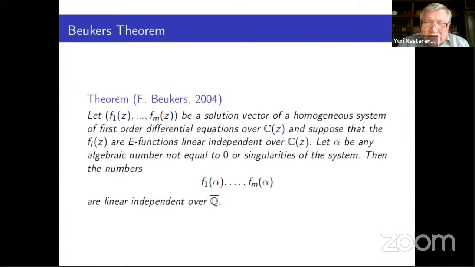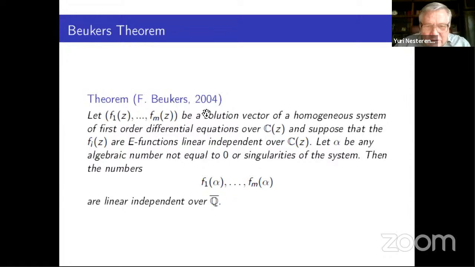This is not completely the same situation as with the exponential function, because it's easier to prove algebraic independence than a linear one. For the exponential function, these are almost the same problems, with full difficulties.